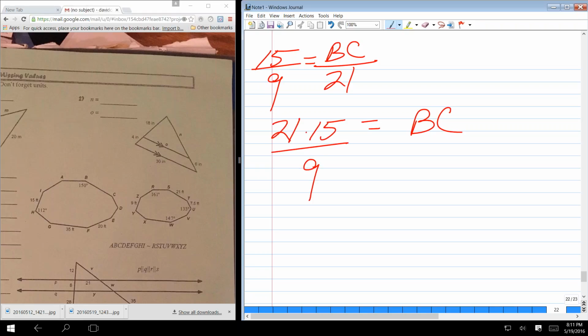Makes sense. And that's only one step. Now I have to turn that into a number by simplifying, but it's the same numbers I would have gotten if I'd cross-multiplied, only I would have had to do 2 steps to get there. So always remember, just because you can cross-multiply doesn't mean you should. Okay. That makes sense.